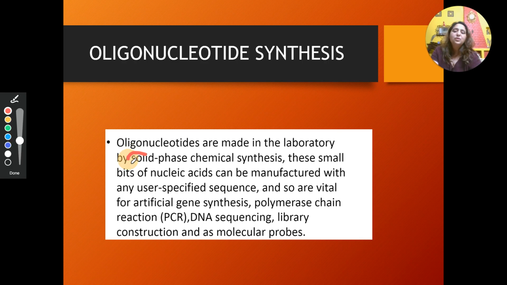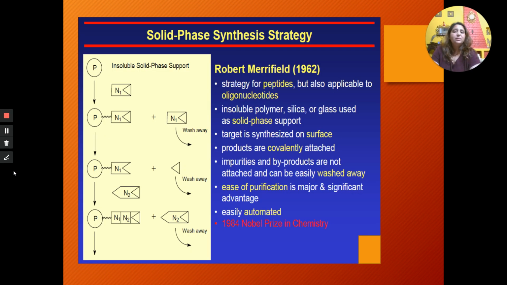So this is the most common method of oligo synthesis. Now what happens during this process? The solid phase synthesis strategy was put forward by Robert Merrifield in 1962 for peptide synthesis, but it is equally applicable to DNA also.